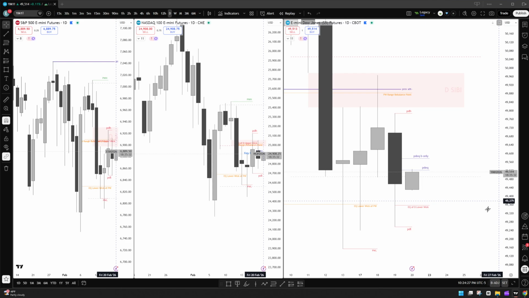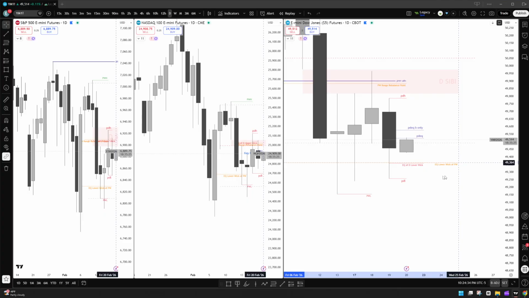We also supported EQ of the previous week's lower wick previously. So now, even though we open low, we're currently rebalancing today's candle. We could come down here, bounce, and then take this out, or we're just going to run it out. So I'll keep this right there.